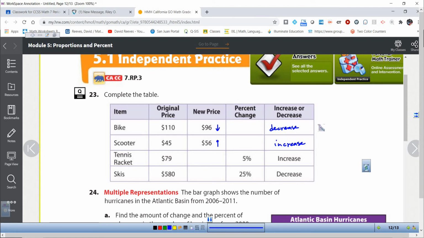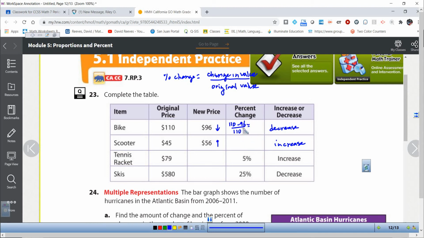Now we'll need to find the percent change. Remember, the percent change is the change in value over the original value. So I need to do 110 minus 96 over what was my original, 110.